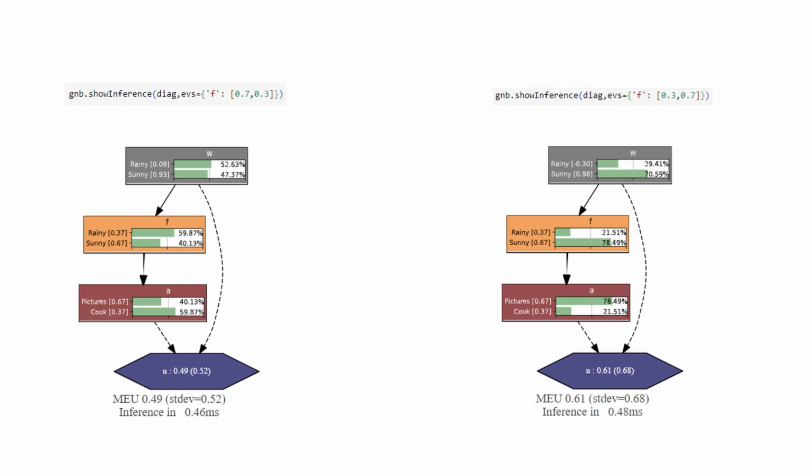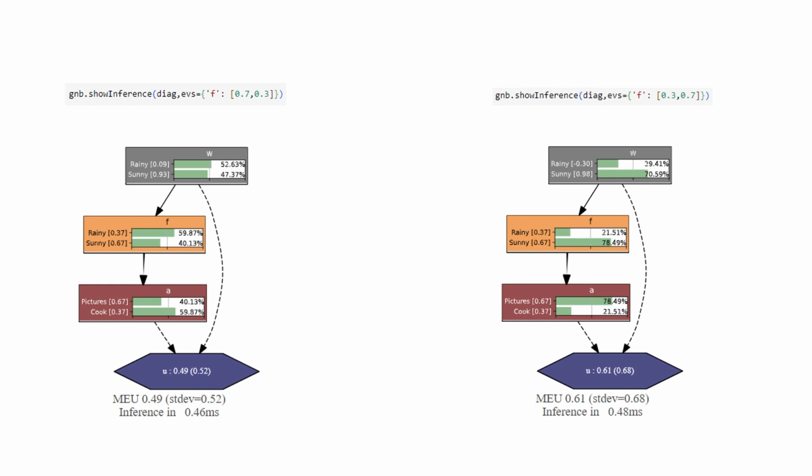But note that the two models are not symmetrical. Although the probability distribution changed in a symmetrical way, the utility did not change symmetrically, because the system is informed that it is easier to predict sunny weather rather than it is to predict rainy weather.